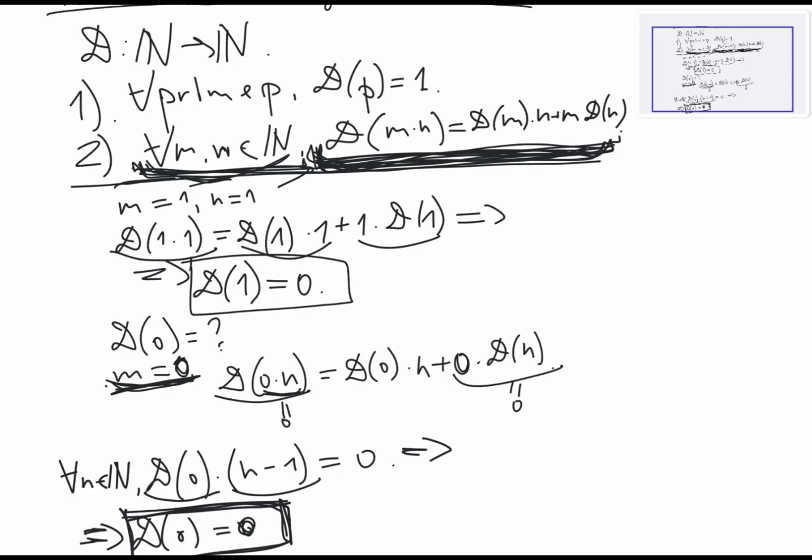So when one of them is 0 and the other is any number, this product rule would hold.